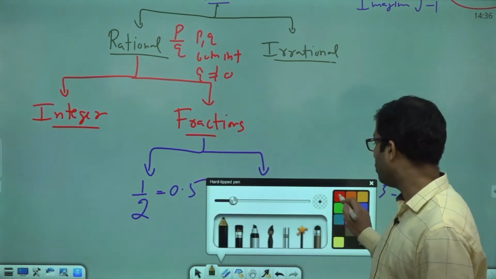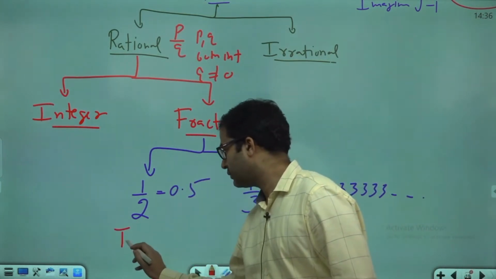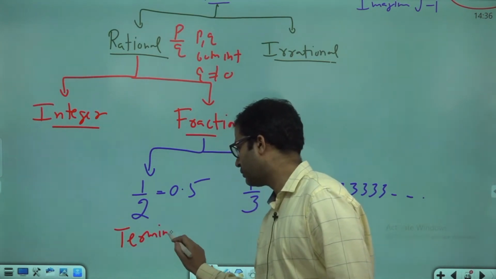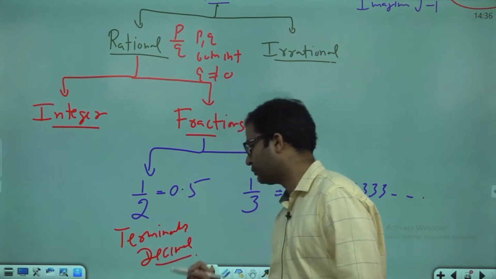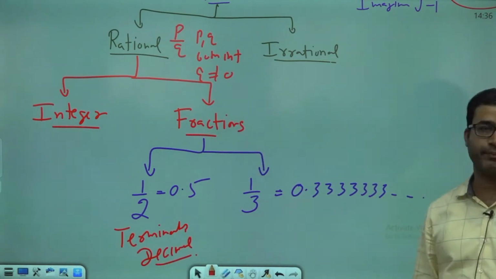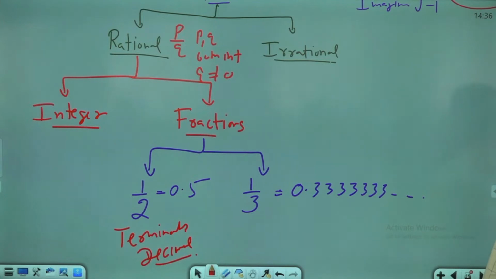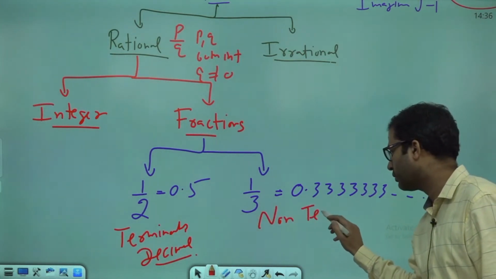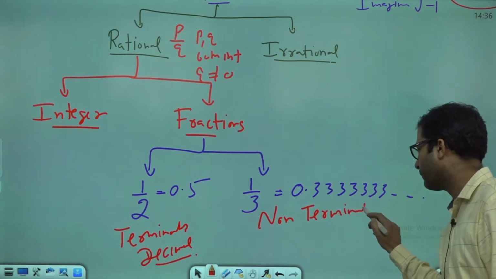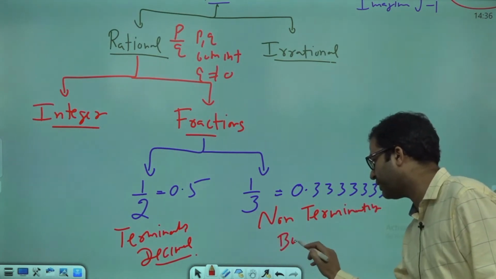So these are called terminating decimals. Whereas the second type of fractions are called non-terminating but repeating.